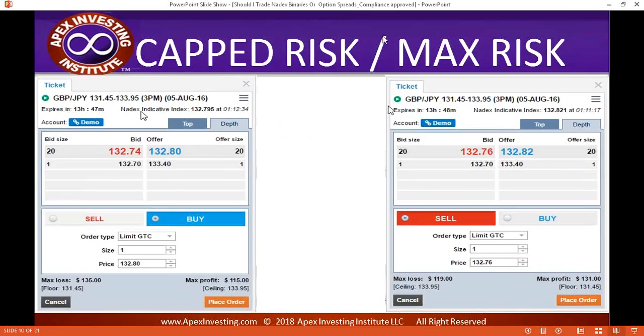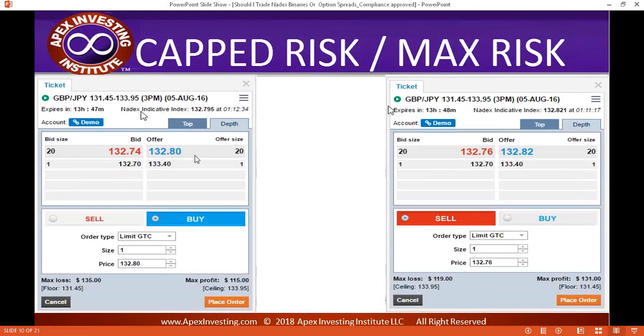If I think the market's going up and I want to buy the spread and I buy it at 132.80 and I get out at 133.80, well, that's $1 a tick, so that's $100, right? If I buy it at 132.80 and it goes up to 133 and I get out, then that's $20. If I bought it at 132.80 and it goes down to 132.50, then I exit the trade and I'm down $30.